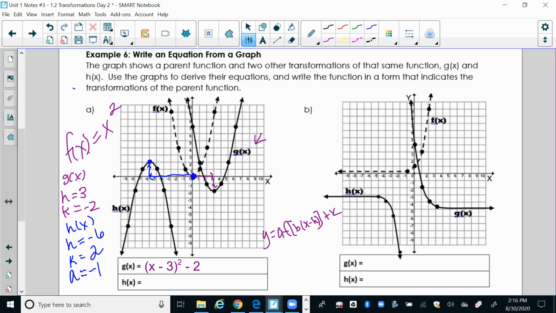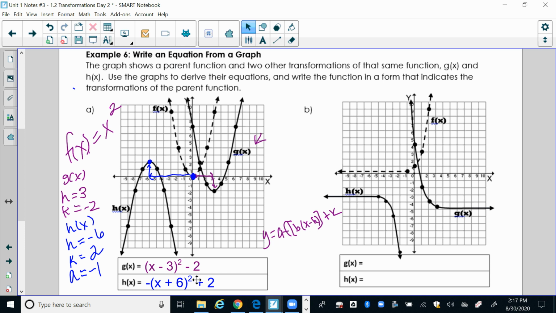In this case, we're going down instead of up, but it's still down 1, right, left 1, down 3, right, left 1, etc. So the distance between our coordinates is not changing. So our a value is just -1. So we put that all together and we get -1 times x plus 6, because always the opposite of h, squared, and then plus 2, same as k.